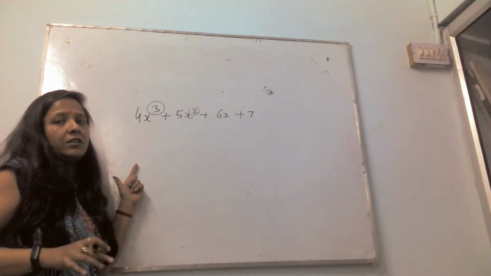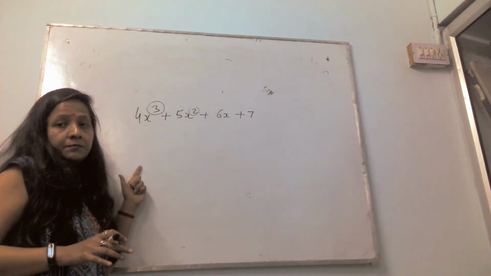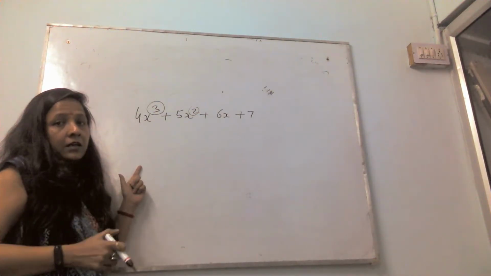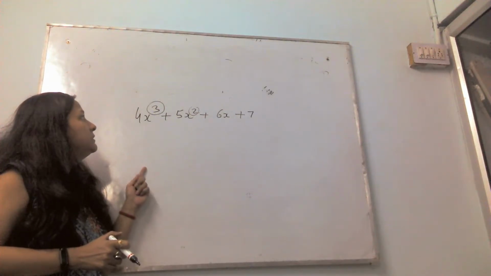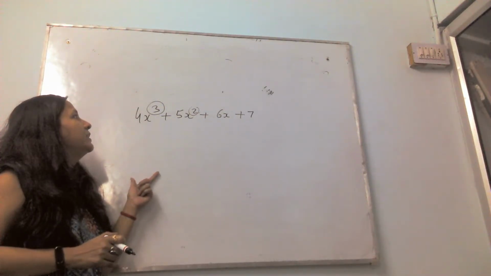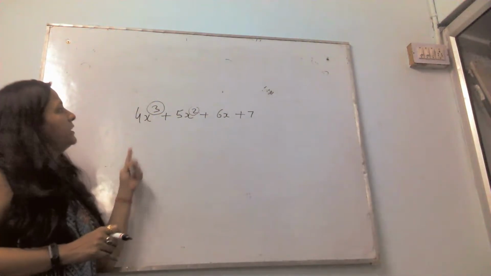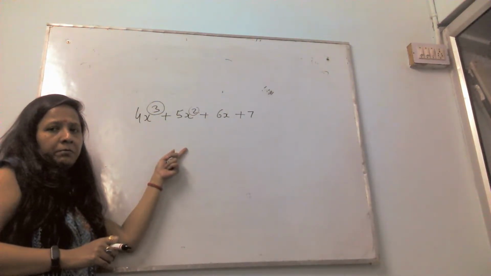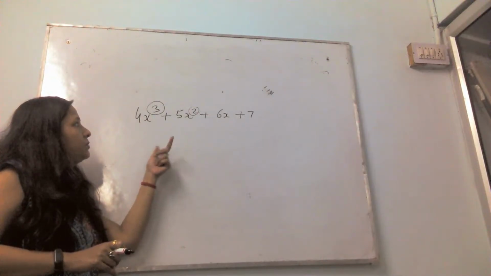If it is not given in standard form in a question, then you have to write it in standard form. That is 4x to the power 3 plus 5x square plus 6x plus 7.